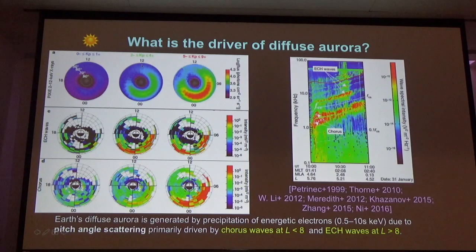And the quantitative calculation between the various wave-driven pitch angle scattering rates as well as the diffuse aurora observation shows that the Earth's diffuse aurora is generated by the precipitated energetic electrons, from energies of hundreds of eV up to tens of keV, due to the pitch angle scattering.